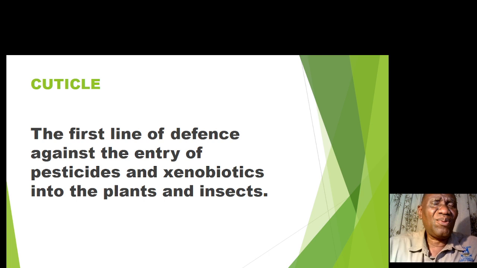So what we should note is that the cuticle is the first line of defense against the entry of pesticides and xenobiotics into the plants and insects. And to some extent, the cuticle can cause a resistance to the pesticides, either in plants or in insect pests.